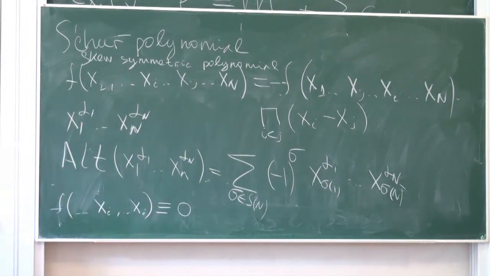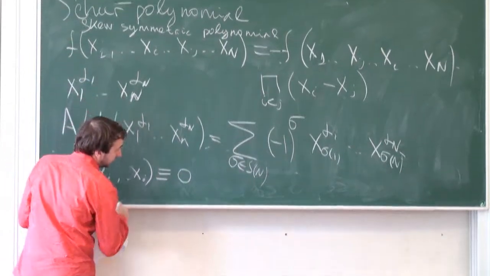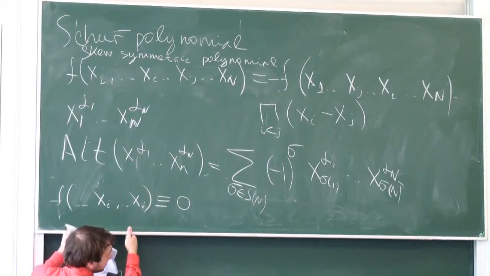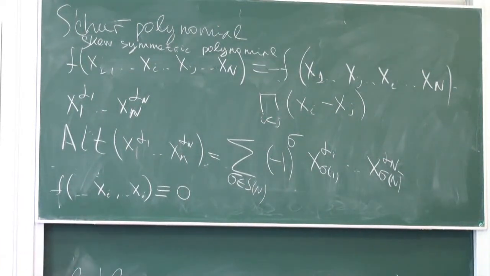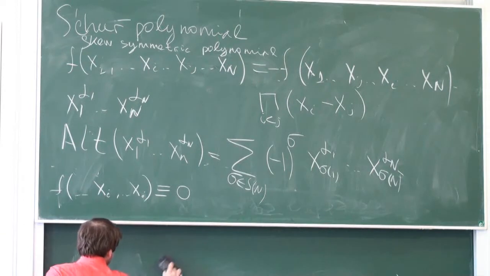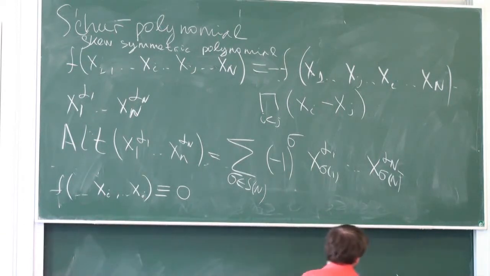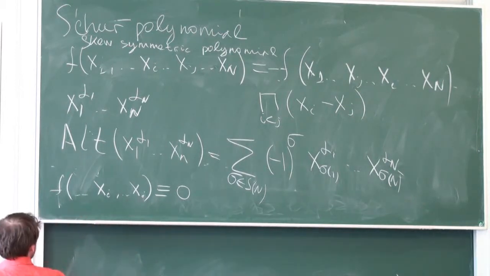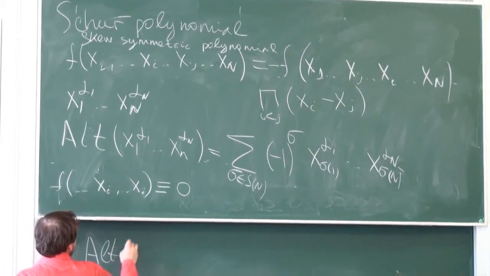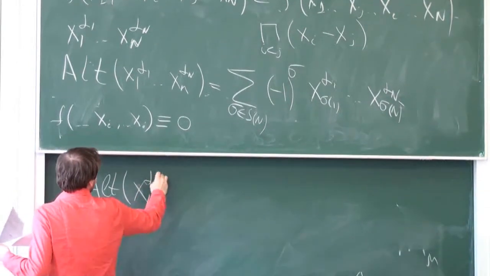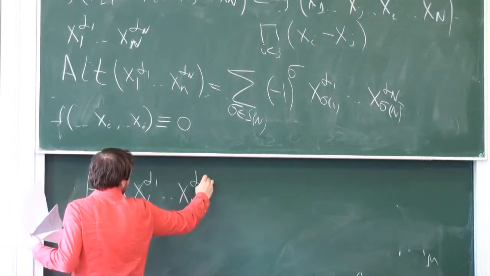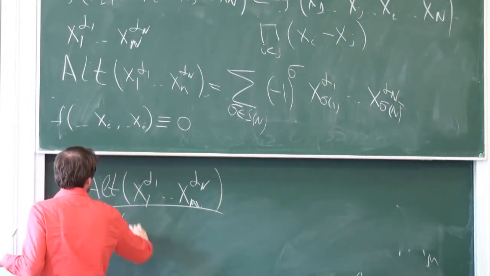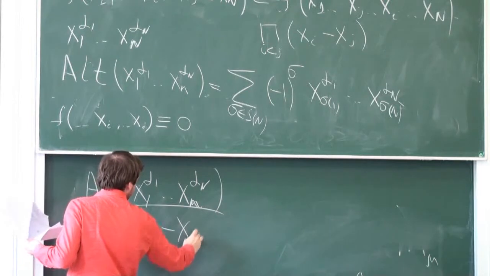So let's then take this alternant and divide it. You take the alternant of x1 to the alpha 1 through xn to the alpha n, divided by the product of xi minus xj.